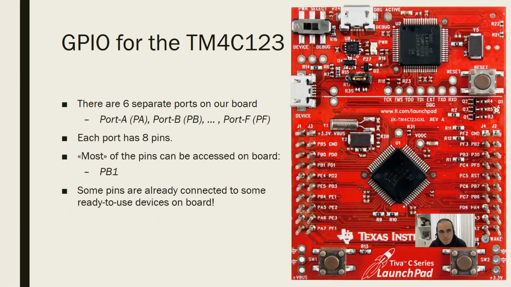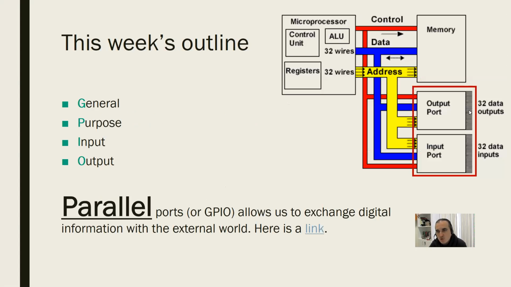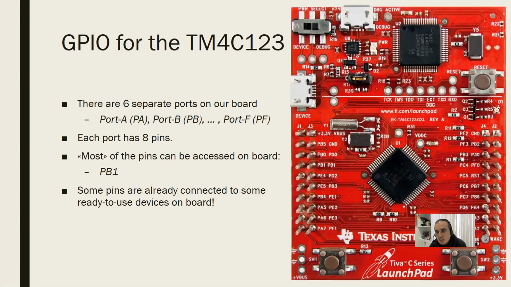In our device, we have 6 separate parallel ports. In this figure it doesn't look so, there's one input and one output port, but in our device we have 6 separate ports, so there are 6 different ports that you can communicate with.